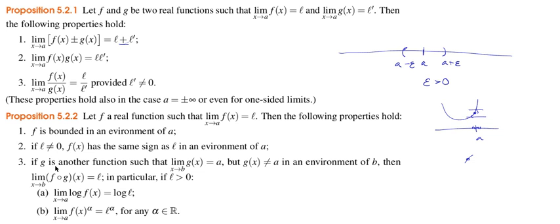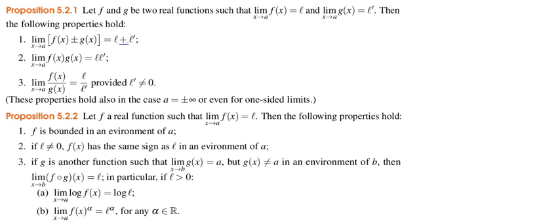And finally, if g is another function such that the limit when x goes to b of g is a, but g of x is different than a in an environment of b, then the limit of f composed with g when x goes to b is L. Let me explain this better.